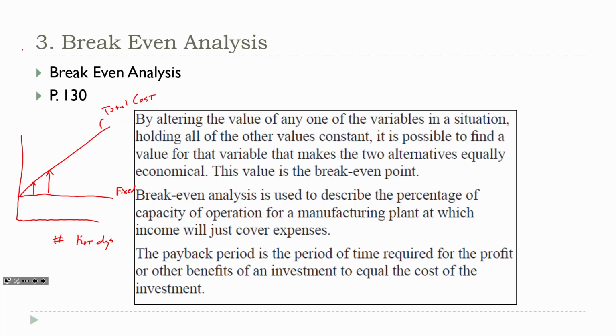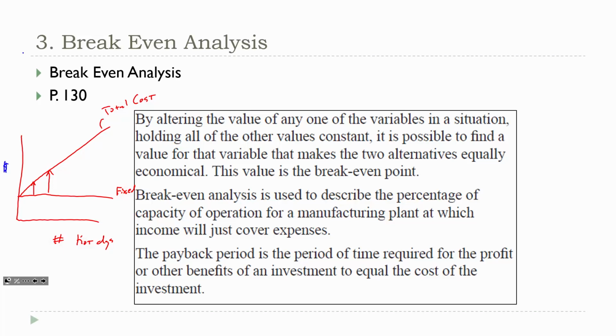Is that a funny example? So, ice cream. How about ice cream? Is that better? You have your freezers, and your variable cost would be the milk and whatever you're making your ice cream with. And you've got your total cost here.